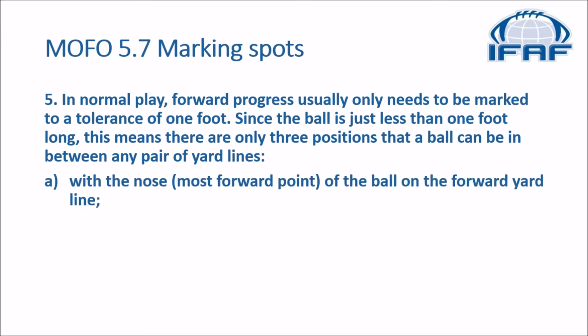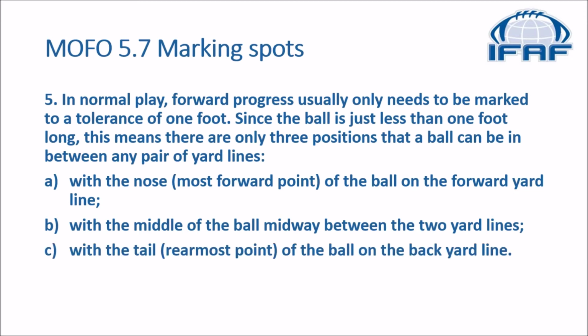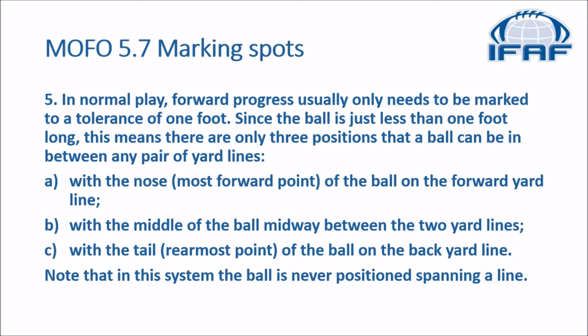A. With the nose, the most forward point of the ball on the forward yard line. B. With the middle of the ball midway between the 2 yard lines. And C. With the tail, the rearmost point of the ball on the back yard line. Note that in this system, the ball is never positioned spanning a line.